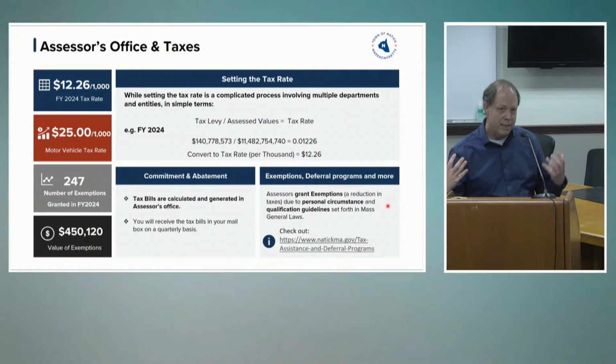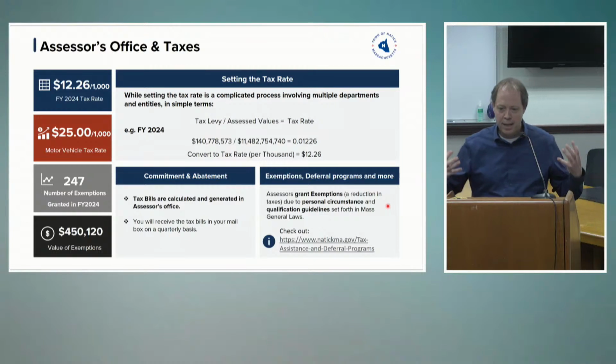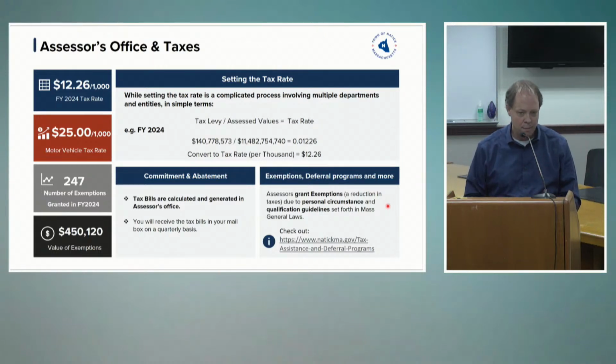The reason we consider this a really good program, especially for seniors on fixed incomes, is that the house might have been paid off 10 years ago, and it might have been purchased at $80,000, and now it's worth $800,000. And that equity is not helping that struggling person pay their bills. That equity is really not doing them any good.